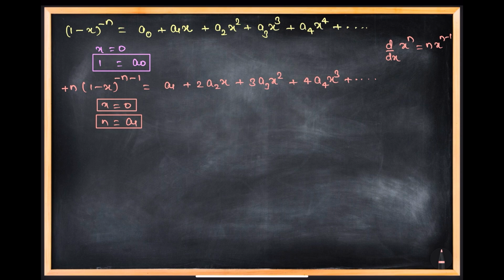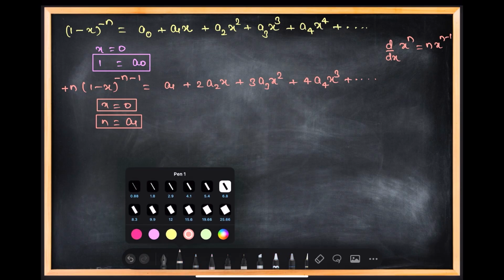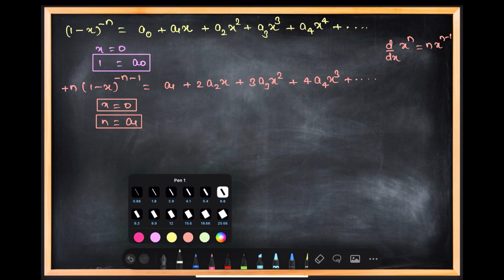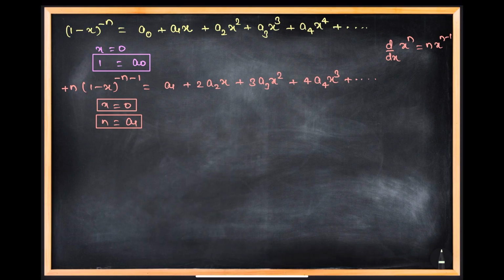Now suppose that I want you to find a2. So how will you respond? Again you will say, sir, differentiate again and we will get the answer. Okay, so look at this. Let's do the differentiation. So n into n plus 1, then 1 minus x power minus n minus 2.